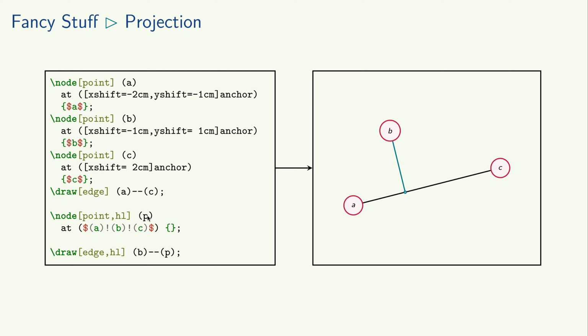Now P is defined here, and again we have these dollar signs that are our instruction for TikZ to do something special.